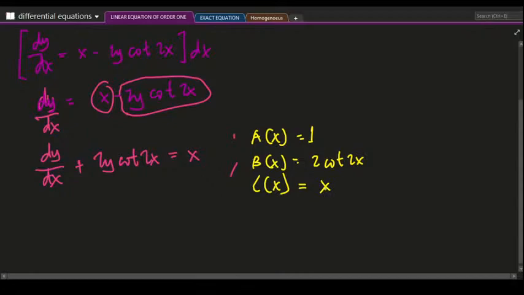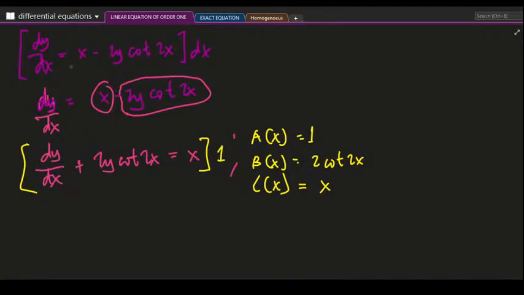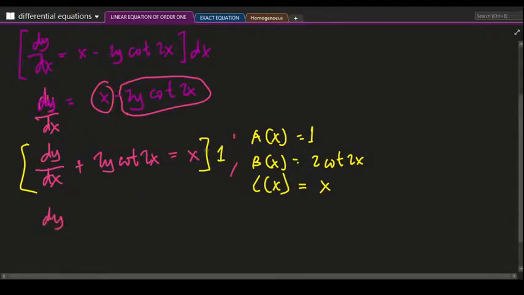Then we divide both sides by our a of x, which is 1, so we still end up with the same equation: dy/dx plus 2y cotangent 2x is equal to x.